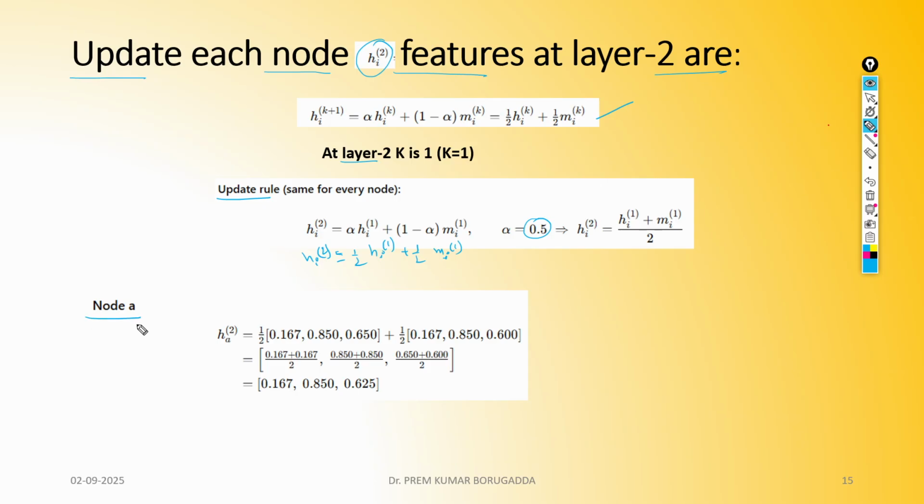So for node A, I am going to calculate HA2. In this formula, this one is 1 by 2, this is 1 by 2, here Hi1. So Hi1 is the values from the previous slide, and the next one is the Mi1. You can see it in the previous slide.